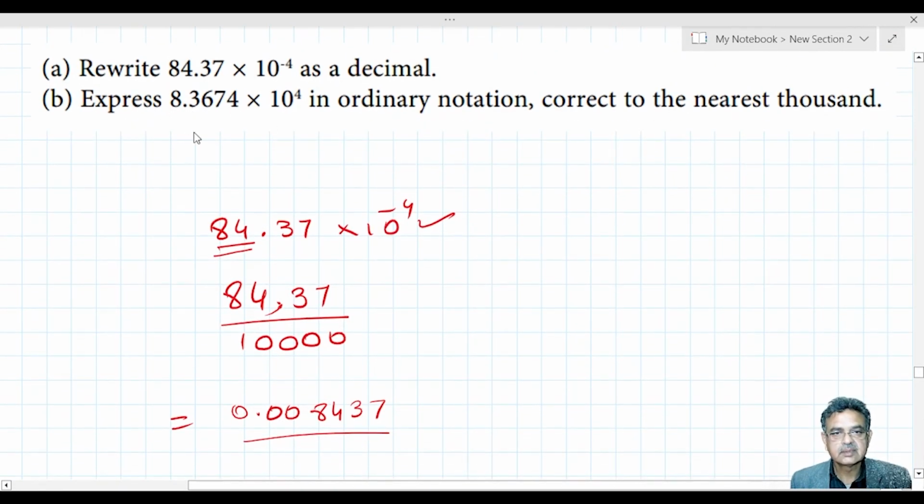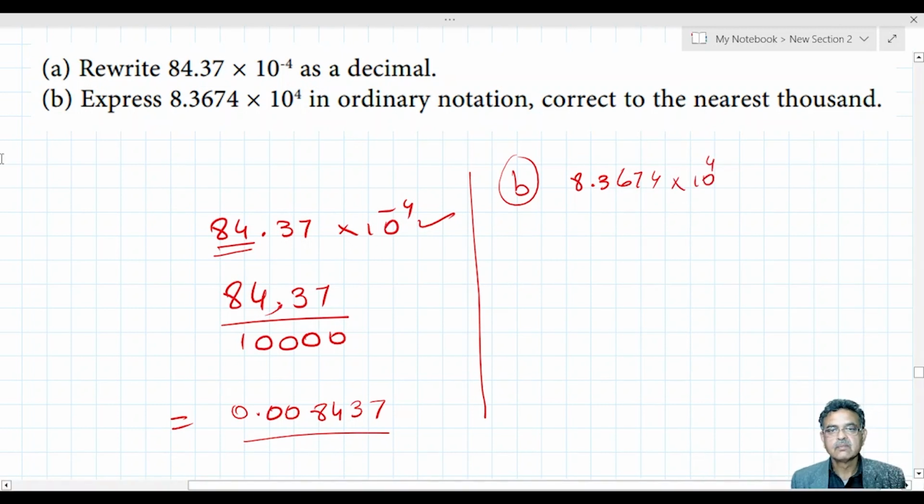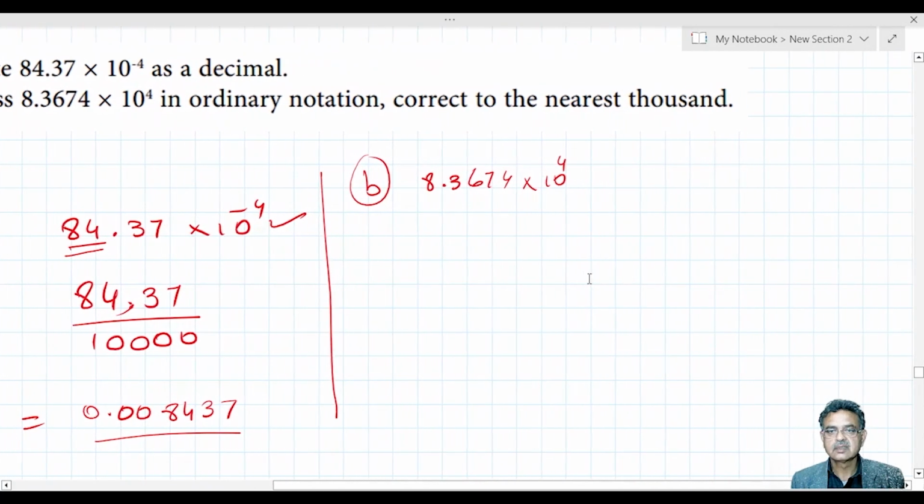Now next part B. Part B. 8.3674 into 10 to the power 4 in an ordinary notation. Express this in an ordinary notation to the nearest 1000.